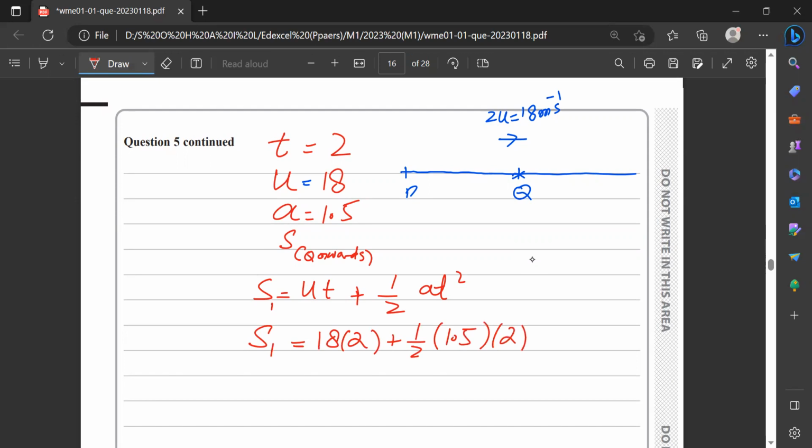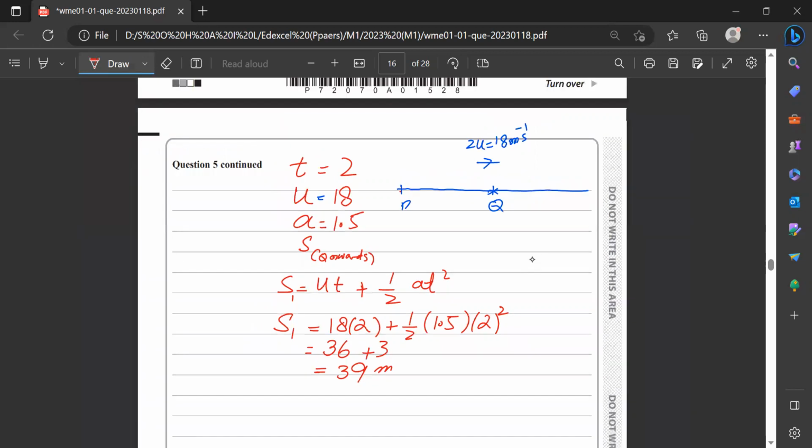Time is from Q onwards, because from P to Q it was 12, and the question is talking about a 14 seconds duration. So the answer is 36 plus 1.5 into 4 divided by 2. So we have 39 meters.